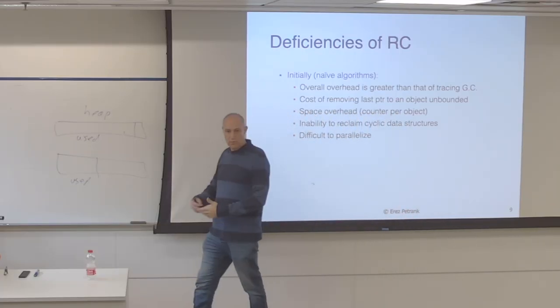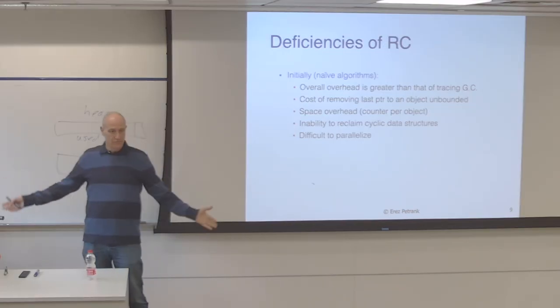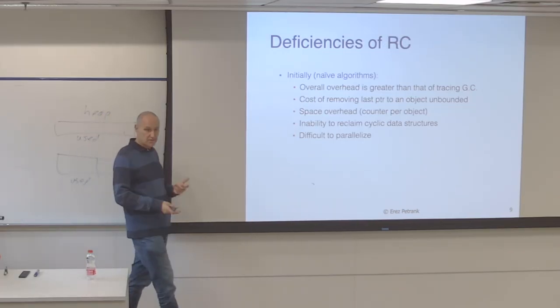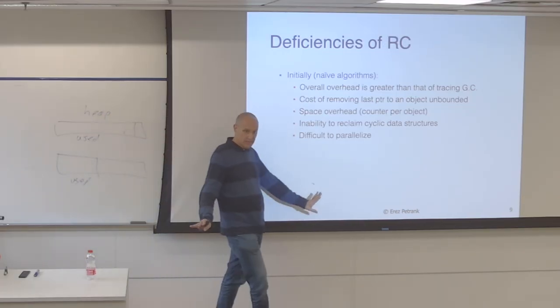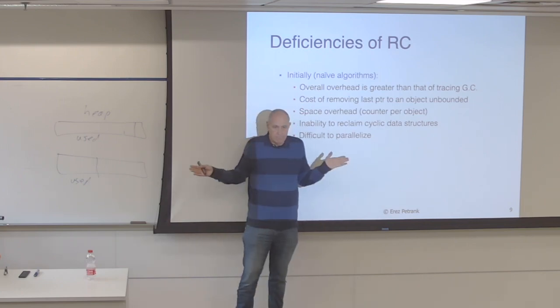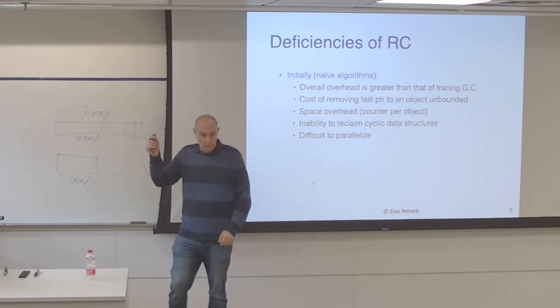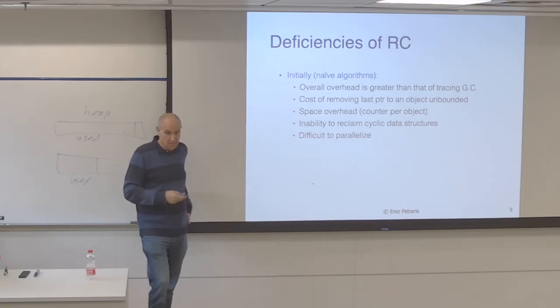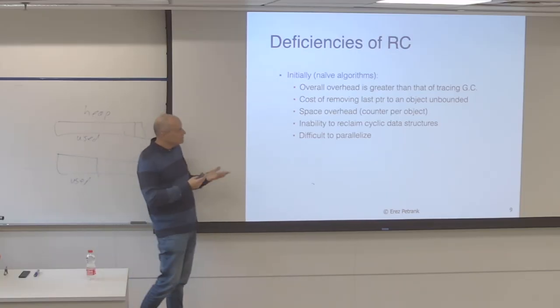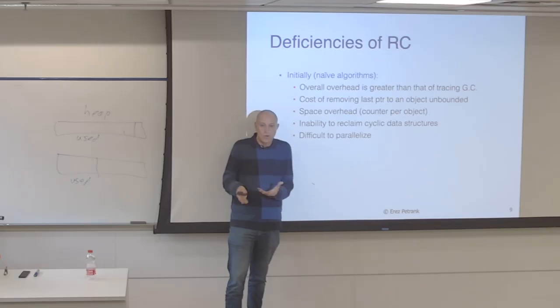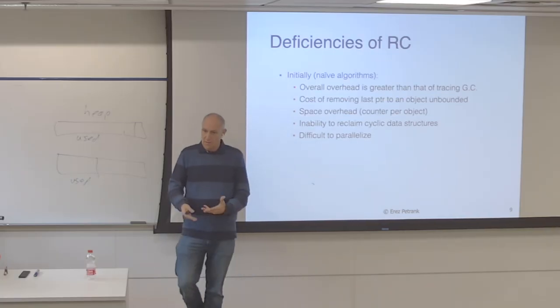Maybe you remove the last pointer to a large tree and you're now going to recursively reclaim all the objects in the tree. Basically you have to work a lot just because you moved a pointer. So it's impossible for the programmer to understand what will cause pauses in their work.